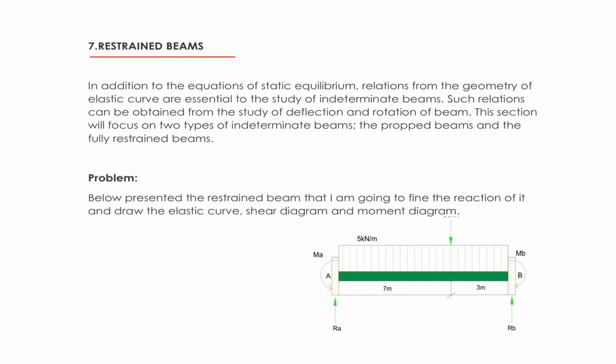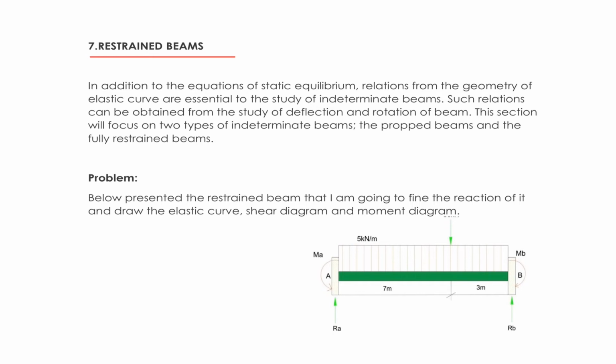Such relations can be obtained from the study of deflection or rotation of the beam. This section will focus on two types of beam, the propped beam and the fully restrained beam, as in the problem where I'm going to find the elastic curve, shear diagram and moment diagram.